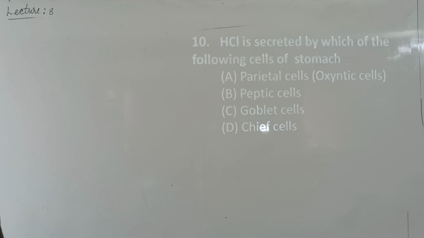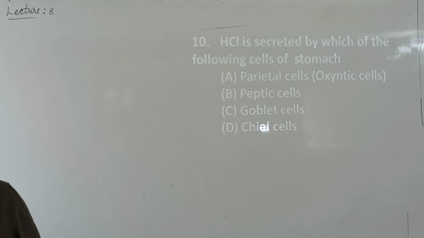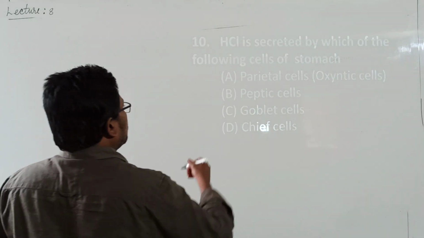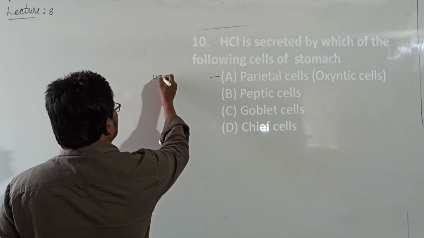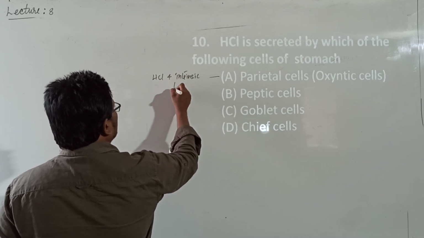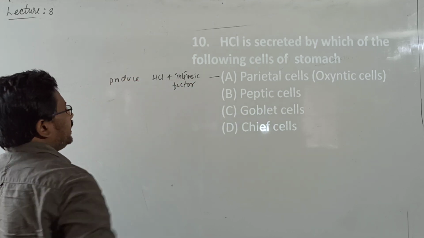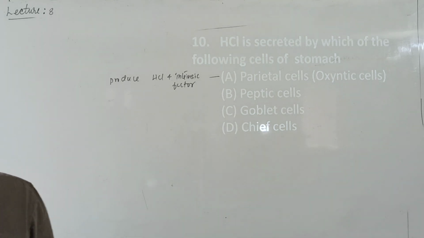So first, there are parietal cells, which we also call oxyntic cells. These oxyntic cells will be producing the HCl and intrinsic factor.